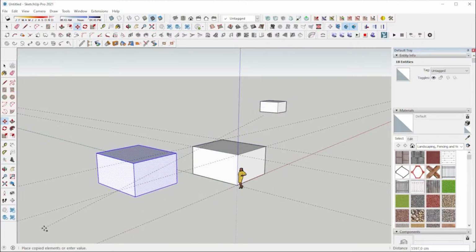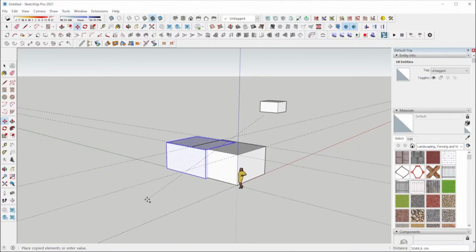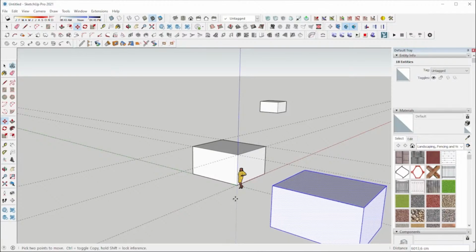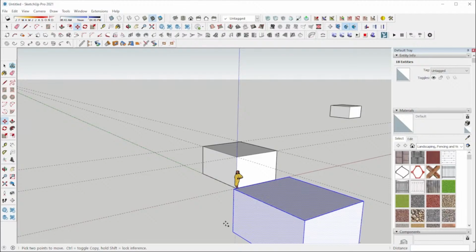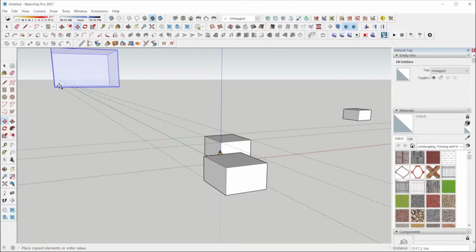As it's going closer, it becomes bigger. So you can feel the depth here. And if it goes too far, then it becomes a point. You can see.